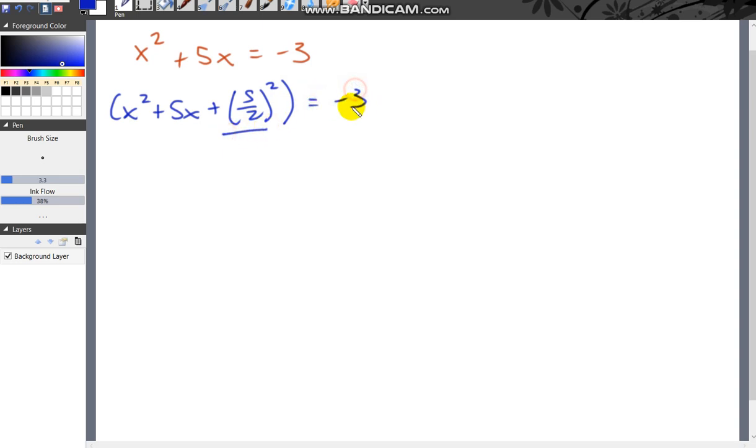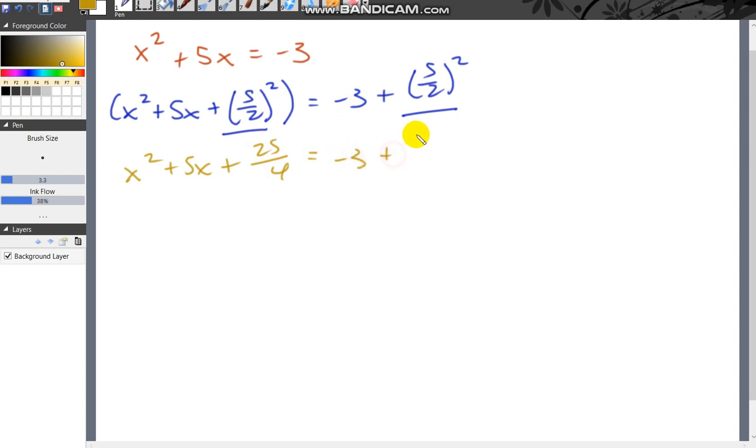Then this is going to be negative 3 plus 5 over 2 squared. If you remember, 5 over 2 squared is the same thing as 25 over 4. This is the reason why, when you do these types of problems by completing the square, it's probably not recommended that you do it this way, because you get some ugly fractions. Again, I'd probably recommend that you just use the quadratic formula for this. But now that I've shown you that other way, I can go ahead and show you that.